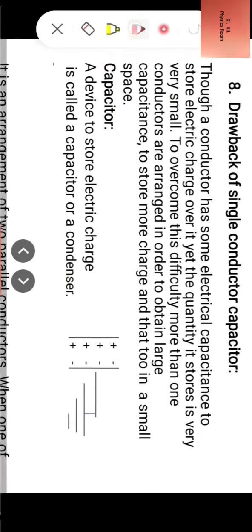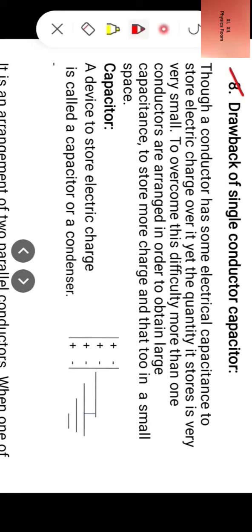Now drawbacks of a single conductor capacitor. Though a conductor has some electrical capacitance to store electric charge over it, yet the quantity it stores is very small.